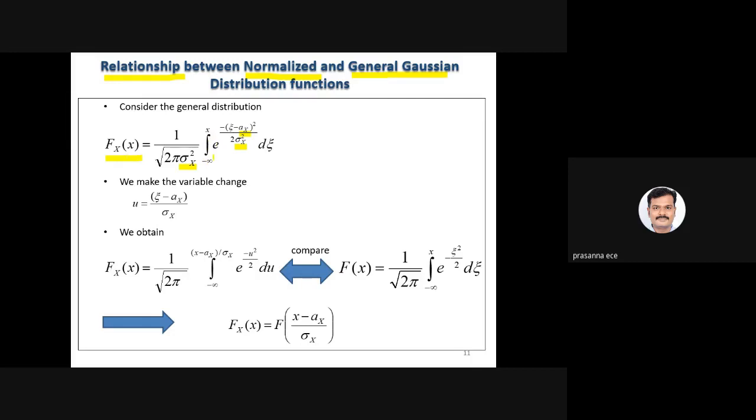The integral from minus infinity to x of e to the power minus (zeta minus a_X) the whole squared divided by 2 sigma_X squared, d zeta, right? Now in this integral we make this substitution. We create a new variable u, which is equal to (zeta minus a_X) by sigma_X. Sorry, I said sigma, it is zeta. So u equals (zeta minus a_X) by sigma_X. So what is du by d zeta?